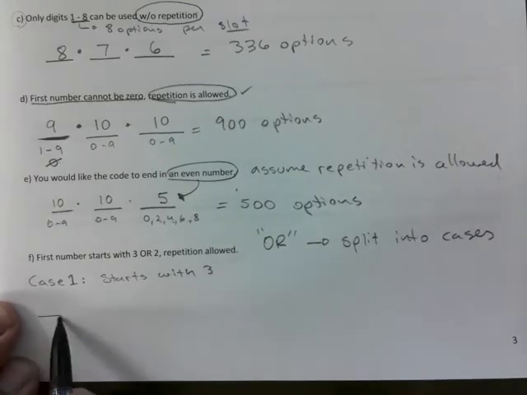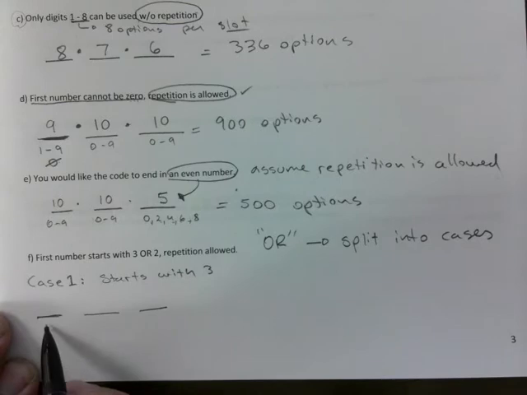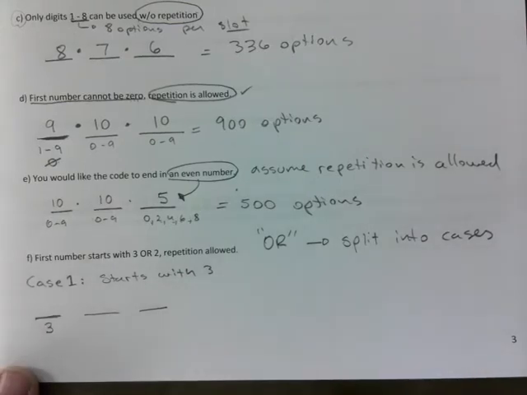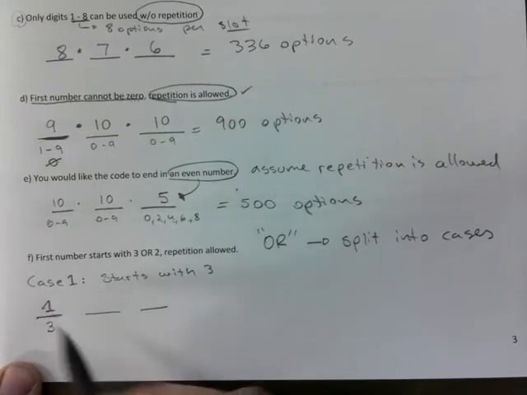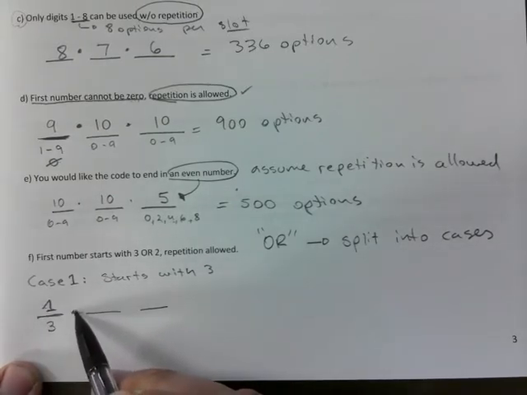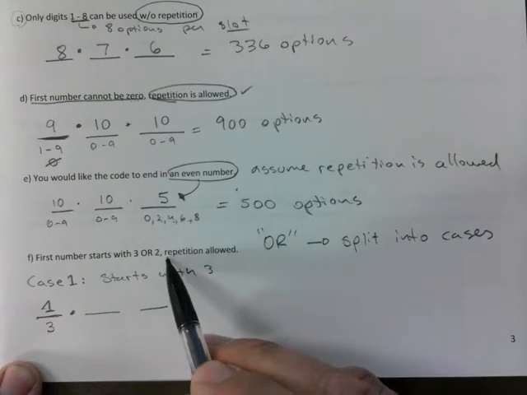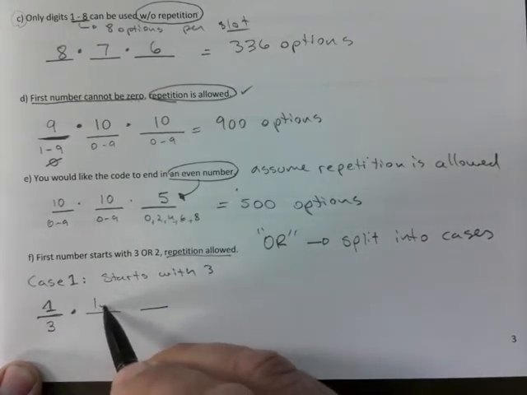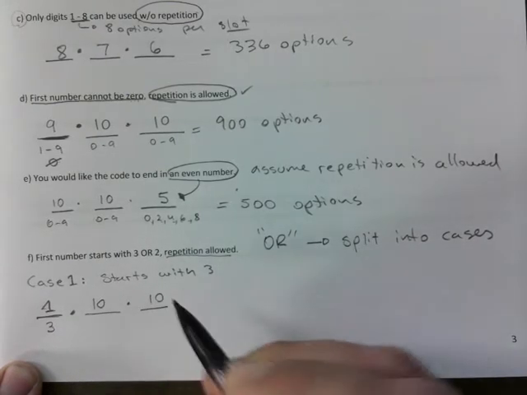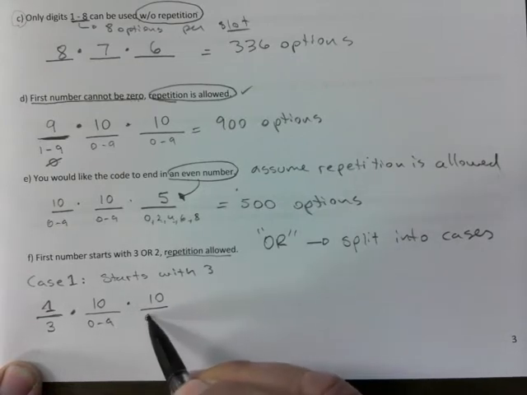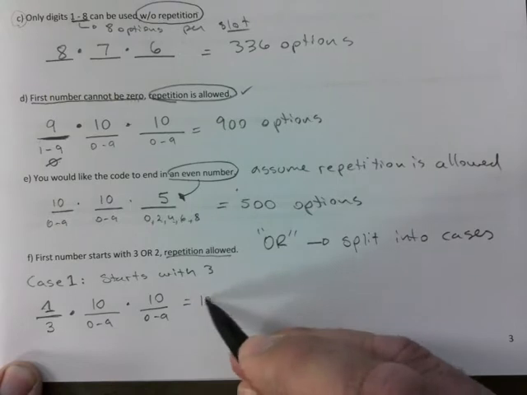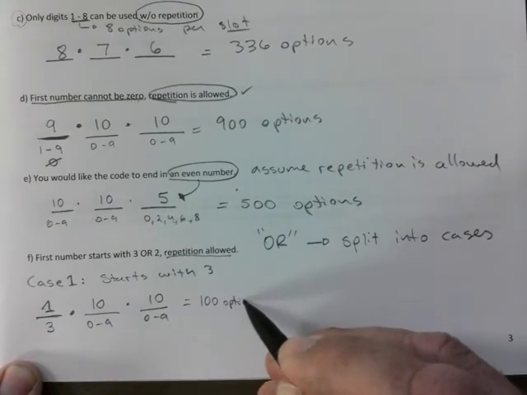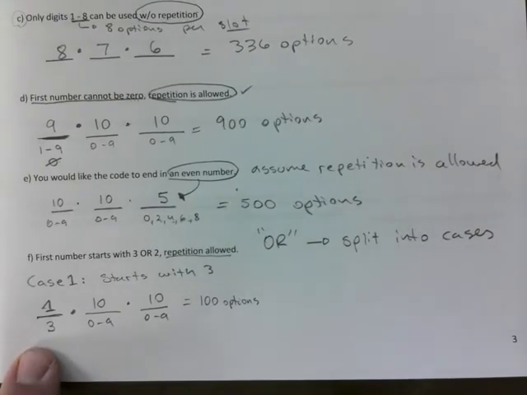So I'm going to set up my code. This is a 3 here, the only option I have for my first number, so one option for that one. Can I repeat? It says repetition allowed. Yes. So 10 times 10, because for the other ones I have 0 to 9 to pick from. So I only have 100 options if I start with a 3.